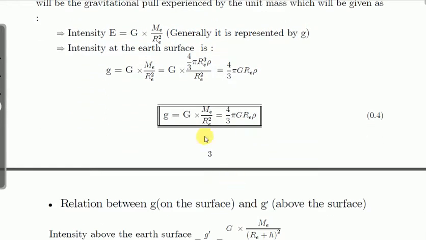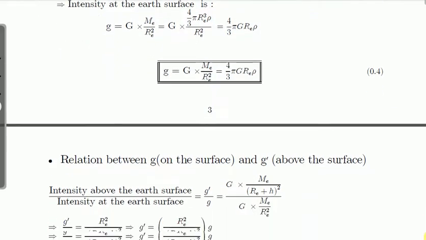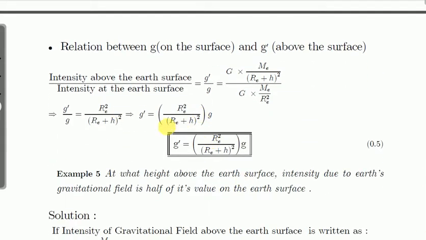Now at a height h, what will it be? What I have shown you, the same thing is here. This is the formula. g dash is G ME upon RE plus h whole square, g is equal to G ME upon RE square, and dividing these will give the relation between g dash and g.